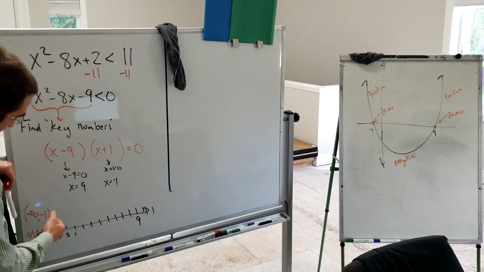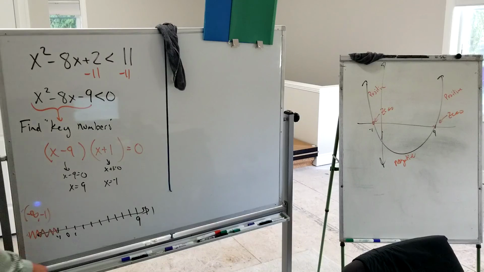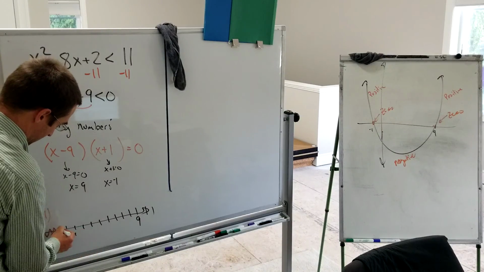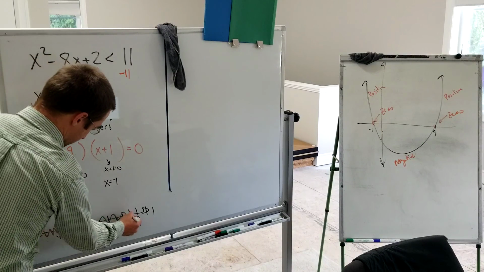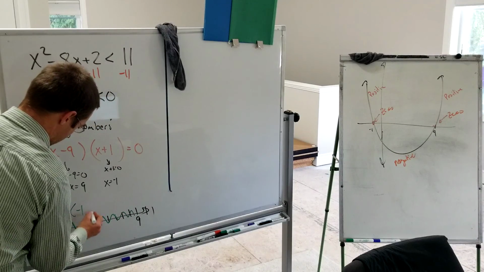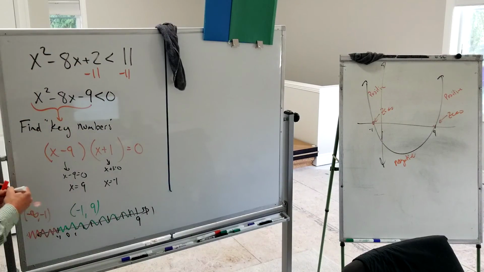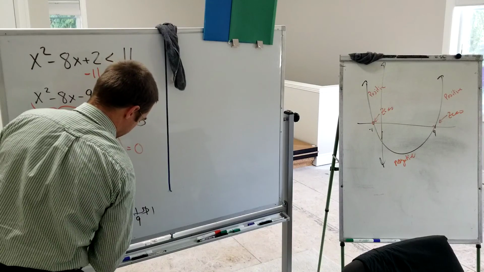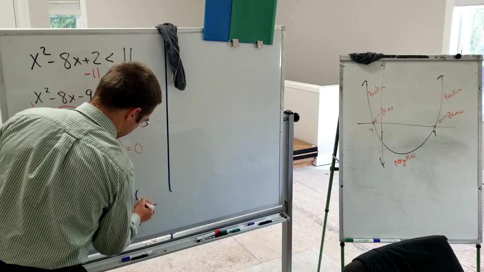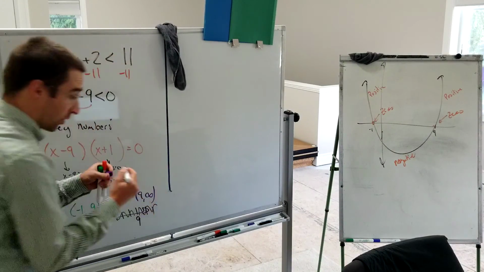In between negative 1 and 9, it could be positive or negative. And greater than 9, it could be positive or negative.